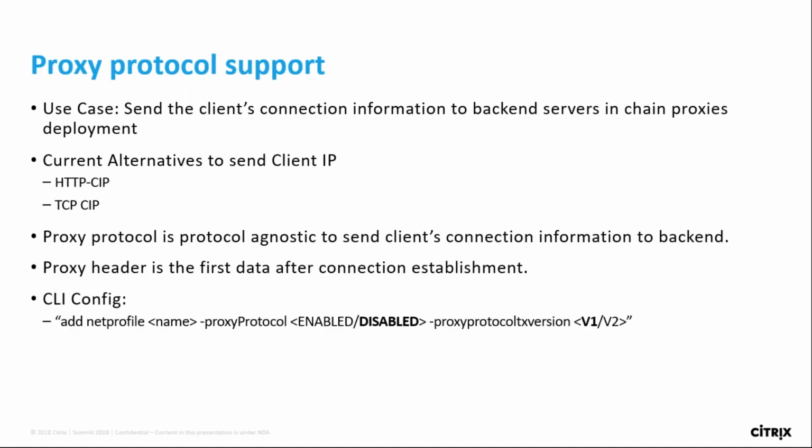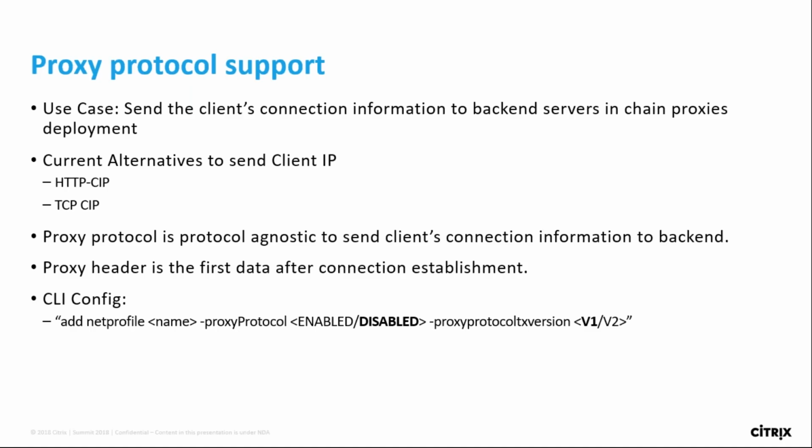Today, we have two alternatives to send the client IP. For HTTP type web, we send it in the HTTP header, and for the TCP type web, we can send that client IP in the TCP payload. But both of these options are protocol specific. This proxy protocol is protocol agnostic.